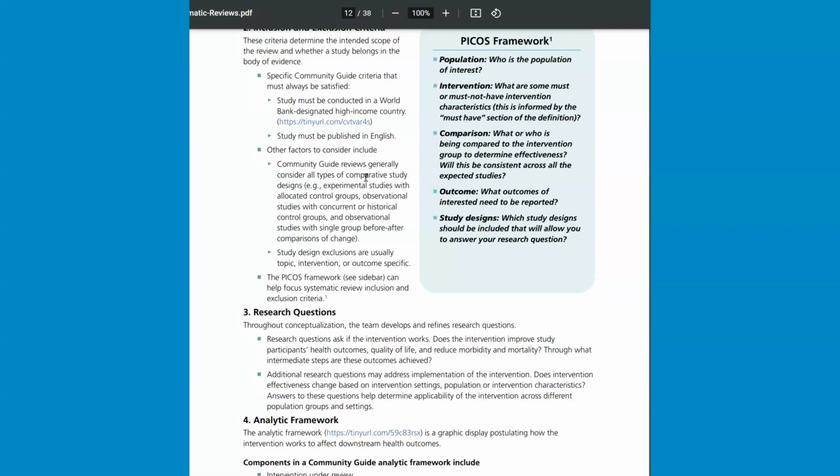So, does the intervention improve study participants' health outcomes, quality of life, reduce morbidity and mortality? These are questions that are asked very frequently. And then, through what intermediate steps, and I actually specifically lecture on intermediate steps, are these outcomes achieved? And sometimes, what are factors that make outcomes worse? That is also something that is studied.